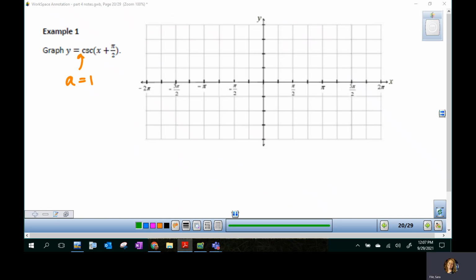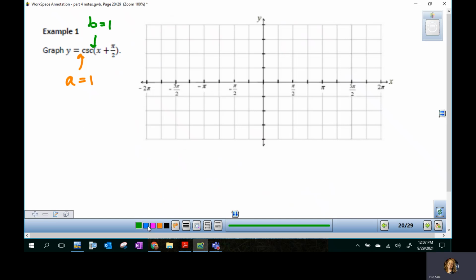Where do you find B in your equation? Okay, yeah, it's the coefficient in front of x being multiplied by x. So it could be inside or outside the parentheses, between the trig function and the x. Okay, but there's nothing in either spot, so that means it's an understood 1. So that means there's been no horizontal stretch or compression either. Okay, so the height and width of the graph, that's all going to stay the same.